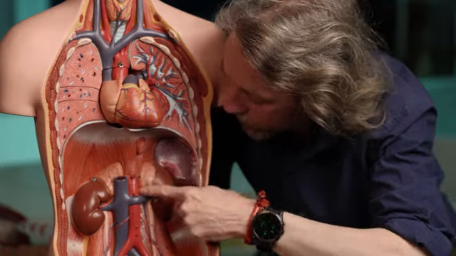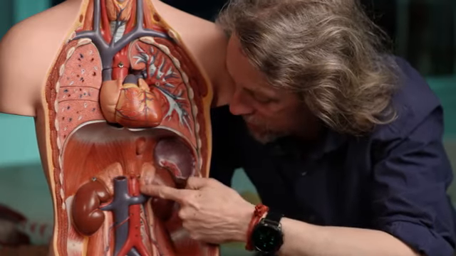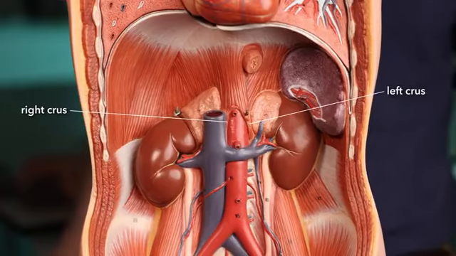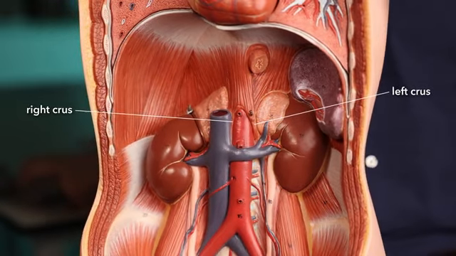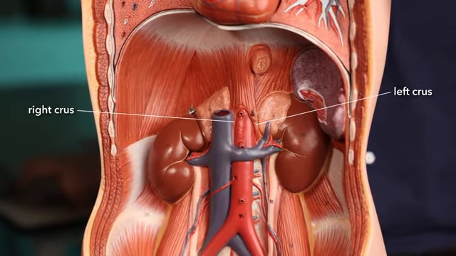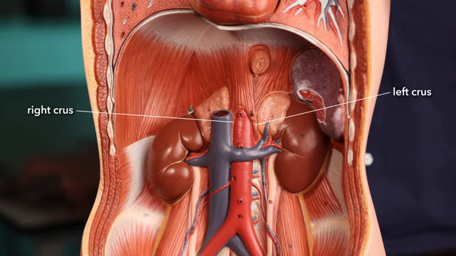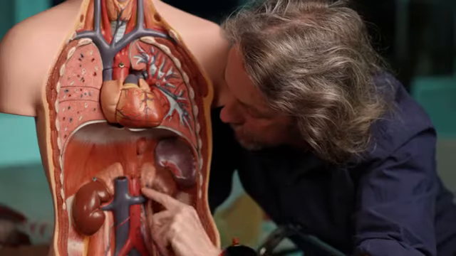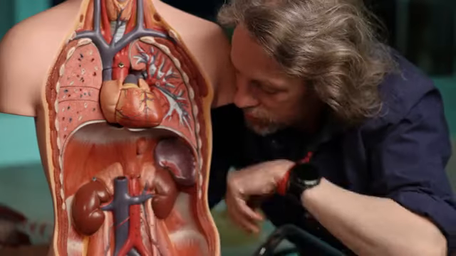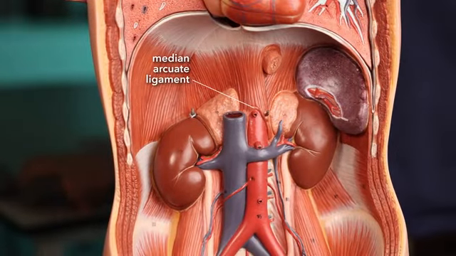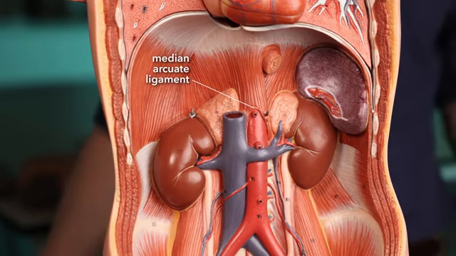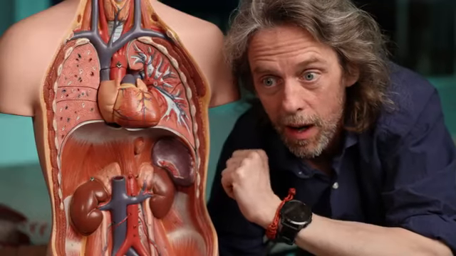And the left leg, or the left crus, passes to the L2 vertebral body, the right crus passes to the L3 vertebral body, and they go either side of the aorta. And we can see this curve as the aorta passes through the aortic hiatus, and this curve here that we can see anteriorly, that is the median arcuate ligament.